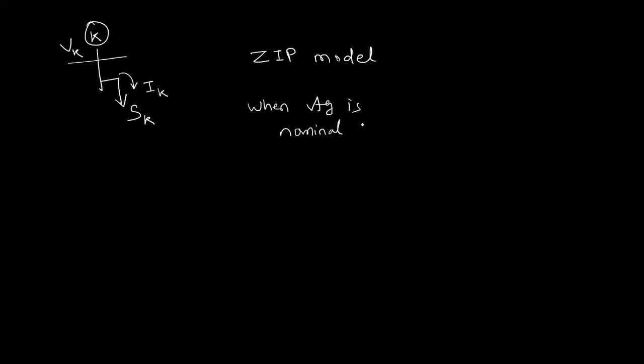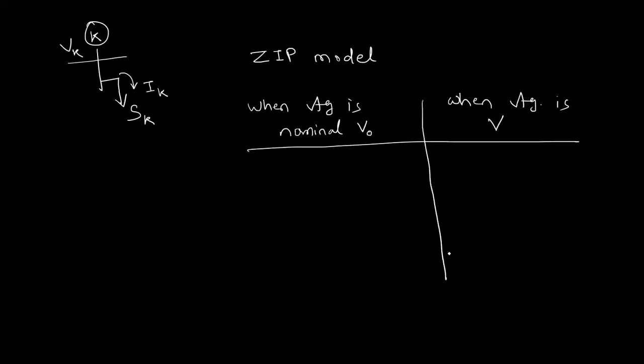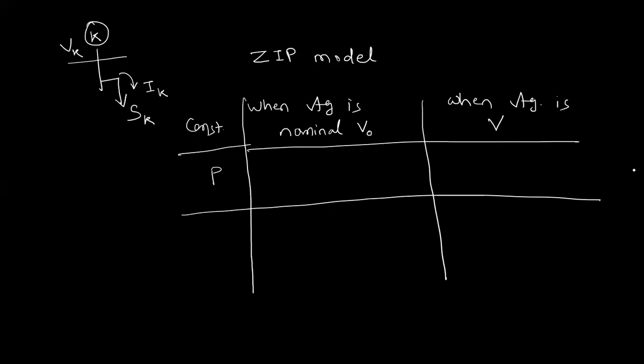The nominal voltage is V naught, and when the voltage is different than the nominal, let us denote it as V. Here we have three different components. First is constant power. So let us discuss the constant power term first.